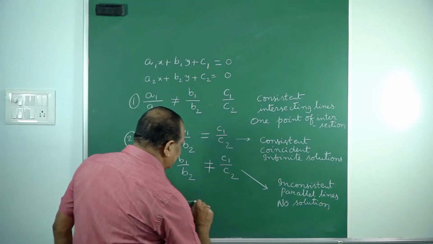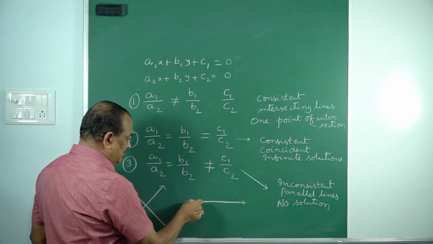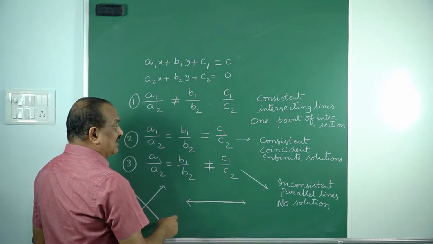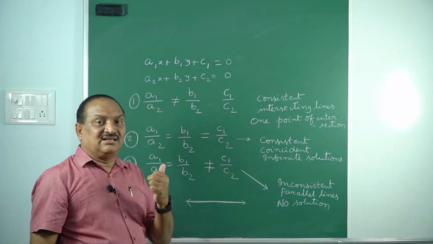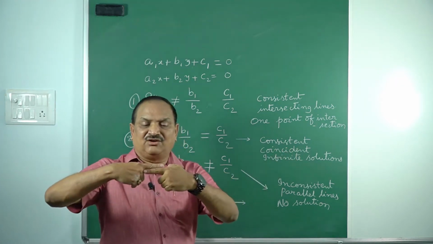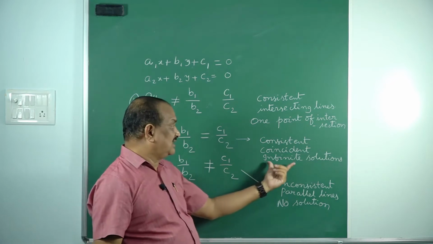Case 2 is, this is my first line and the same is my second line. Okay, and coincident lines there. Consistent, but the thing is, they are coincident lines. When one line is falling on the other line, every point is a solution. There are infinite solutions you get.